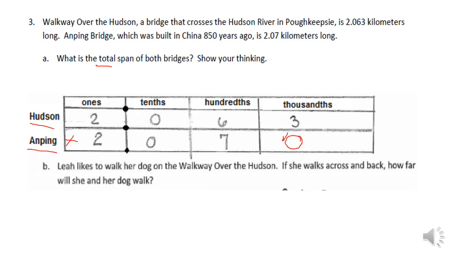It makes it so much easier. Now, we know we're adding, so 3 and 0 gives us 3. 6 and 7 gives us 13, and we have to regroup one of them. 0 plus 1 is 1, and our decimal goes in here, and 2 plus 2 is 4. So we know the total span is 4 and 133 kilometers.